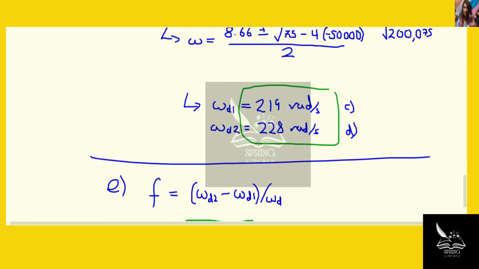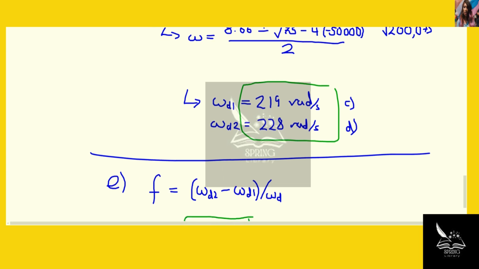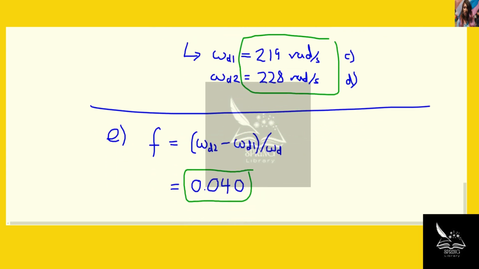Finally, part E, we're looking for the fractional half width using the supplied formula. What we're looking for is omega d2 minus omega d1, normalized by dividing by omega d. This gives us a unitless number of 0.040, because we're dividing radians per second by radians per second.